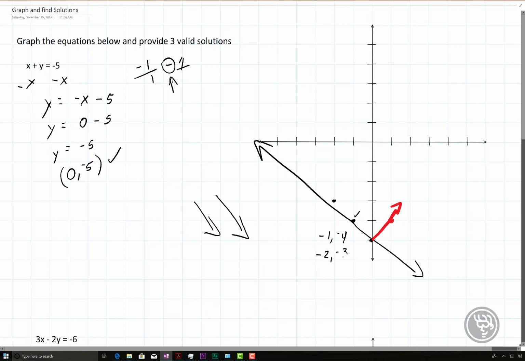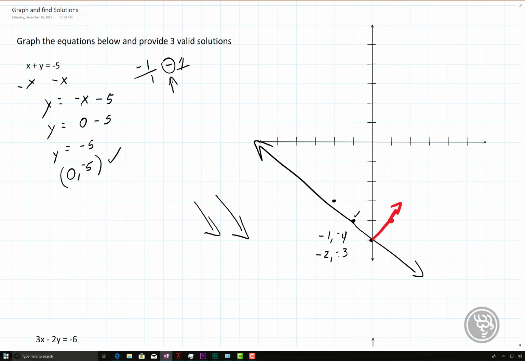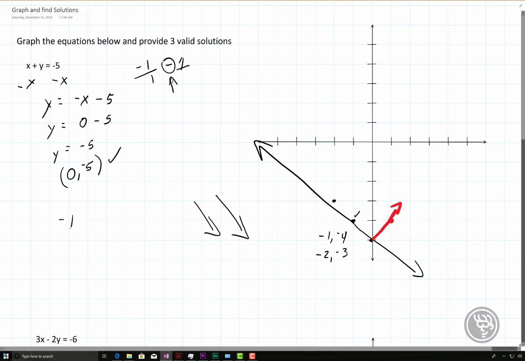And -3. Okay, well, how do we know for sure that these points are actually correct? We know because we can plug these points in and say, well, -1 plus -4 is equal to -5. If you do that, you're going to find out that that is true. So these points, -1 and -4, are also valid points.